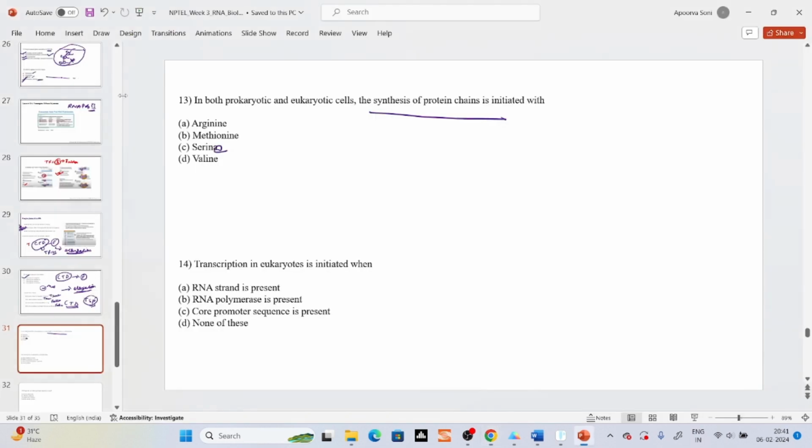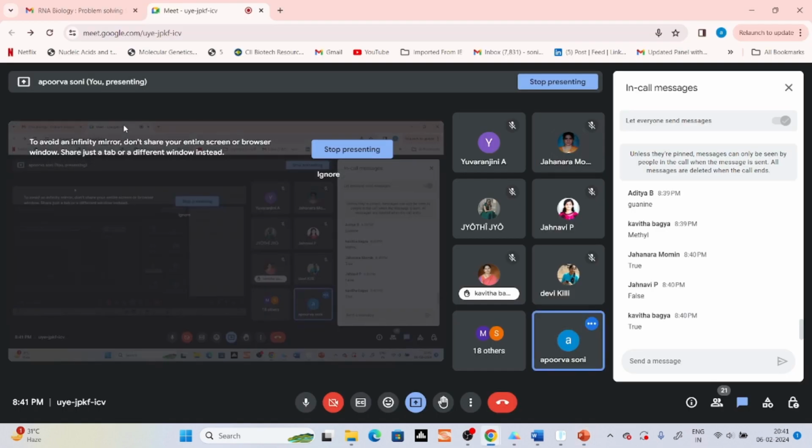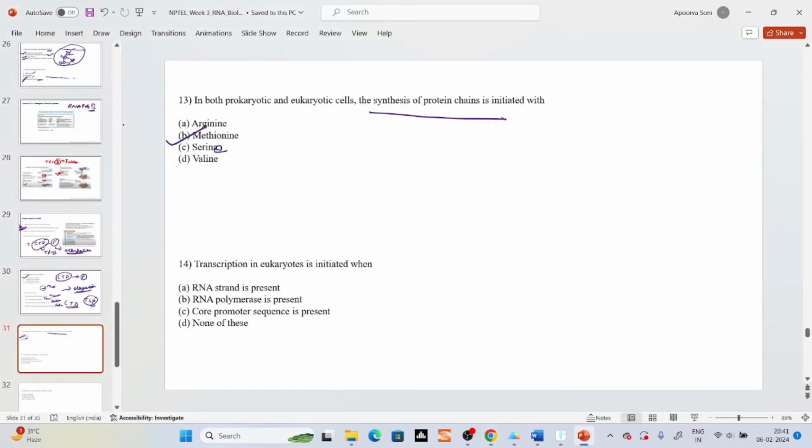Methionine is the correct answer. Okay, next question is, transcription in eukaryotes is initiated when RNA strand is present, RNA polymerase is present, core promoter sequence is present, none of these.